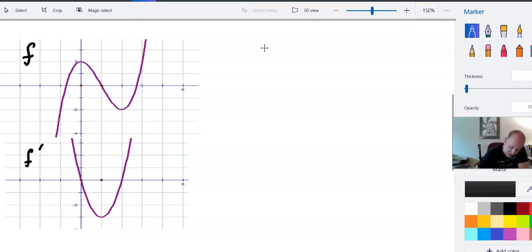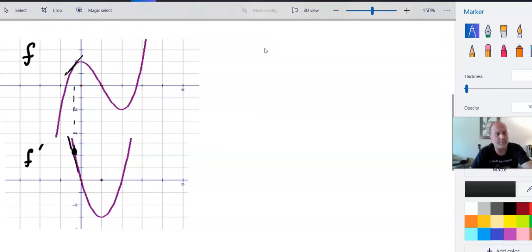So at this point right here, whatever this function value is at this point is the slope at the same point on the original function. So here, the function value is between 2 and 3, and so the slope here would be somewhere between 2 and 3, whatever that number happens to be.